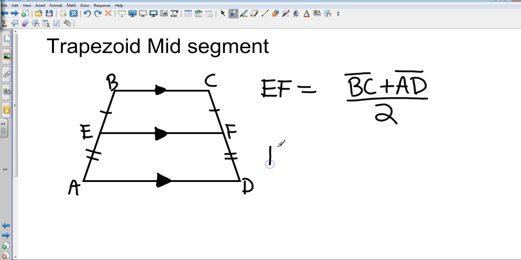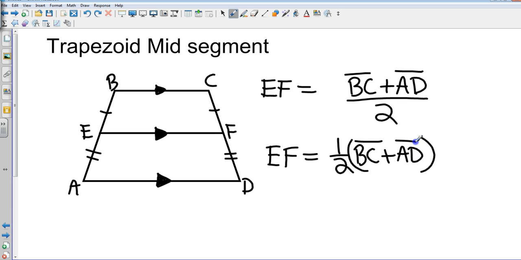You can also look at that as EF is 1/2 of BC plus AD. Either way is fine. Add them together and divide by 2, or take half of them added together. It's the exact same process.